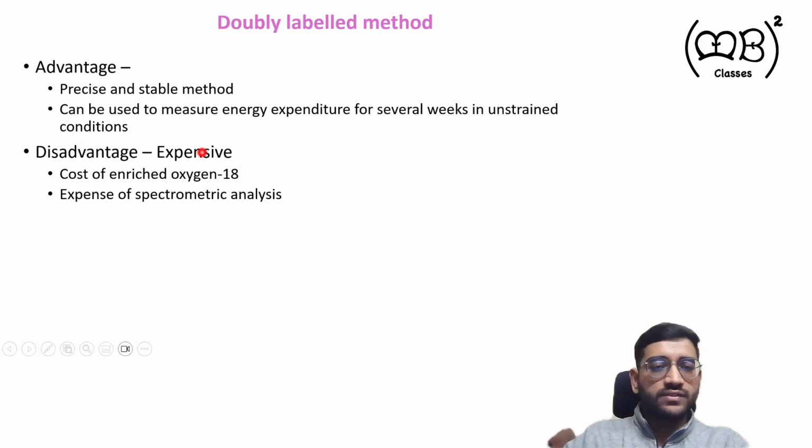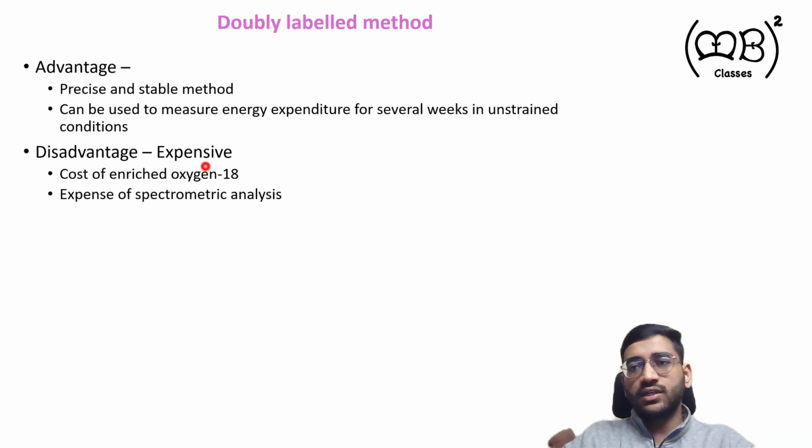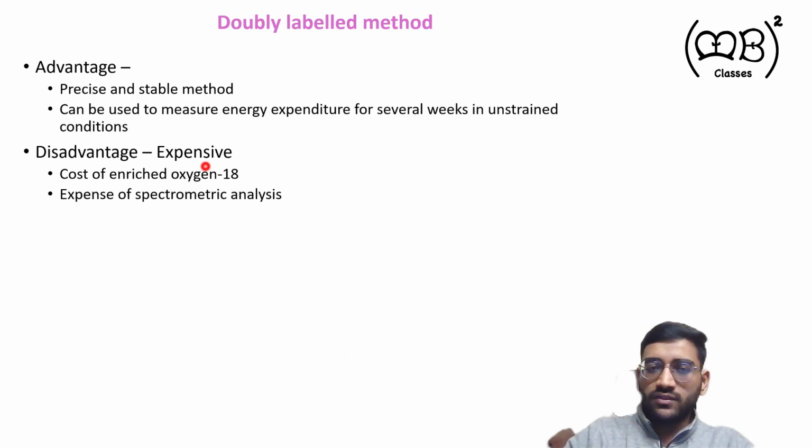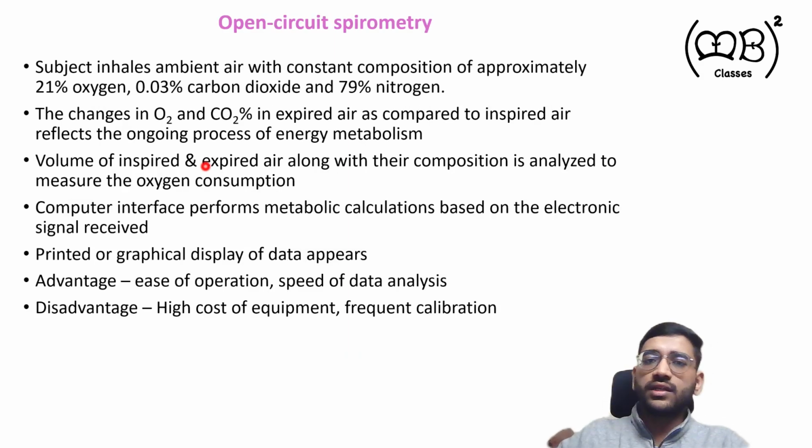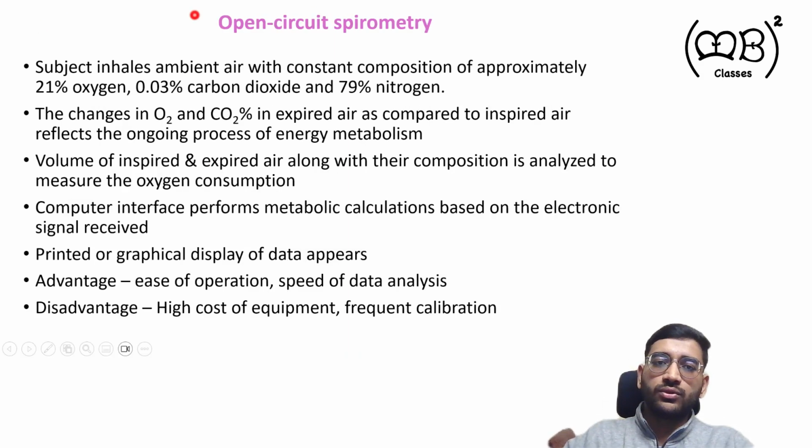Disadvantages: obviously, it is very expensive. The enriched oxygen is expensive, and determining the ratio of isotopes after depletion using mass spectrometry is also an expensive technique.